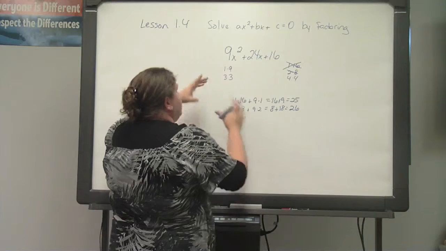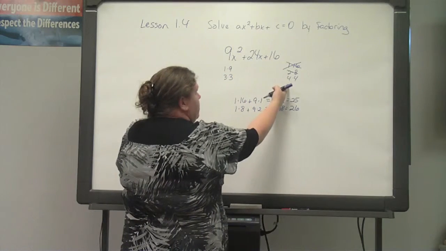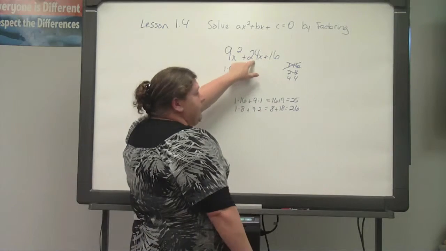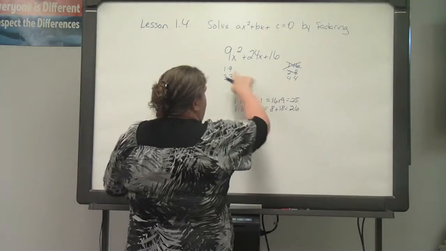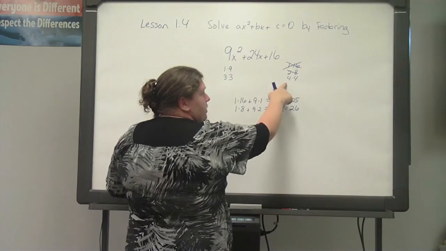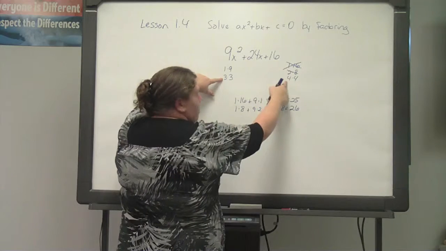Now, why don't we try again? I know 4 times 4 is 32. All right, so again, it's bigger than my 24. So all of this will not work because I have to multiply 9 times 4. So why don't I try doing a 3 times 4?